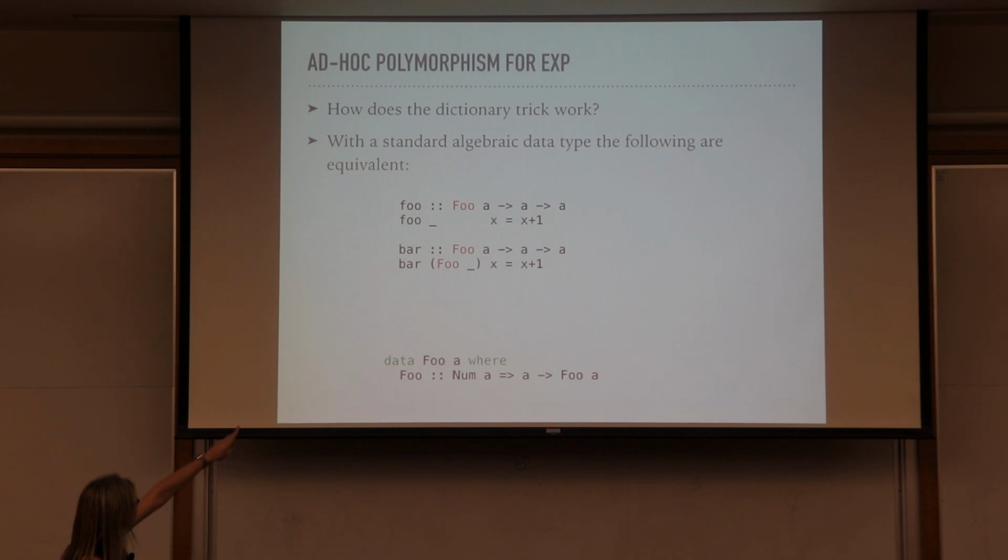The second one looks at the data constructor, but doesn't look at the contents. I never mentioned that underscore in Haskell means an anonymous variable. So whenever you don't care about a value, let's say you have first of a pair, you get a pair x of y, and you only return x.